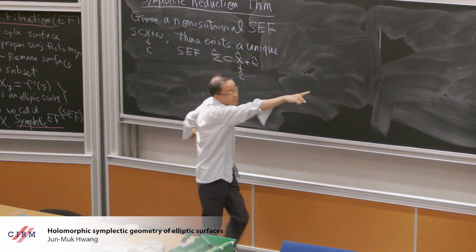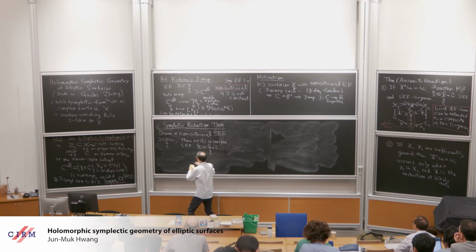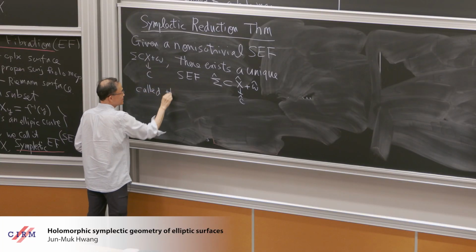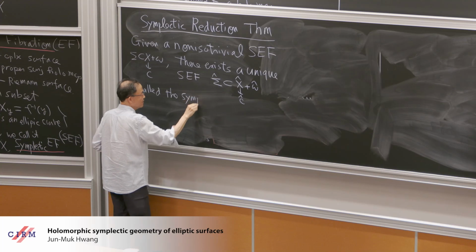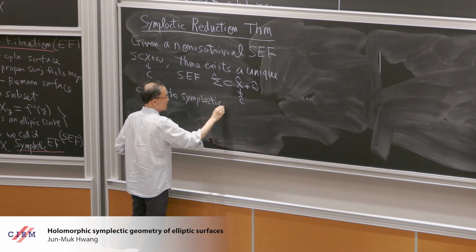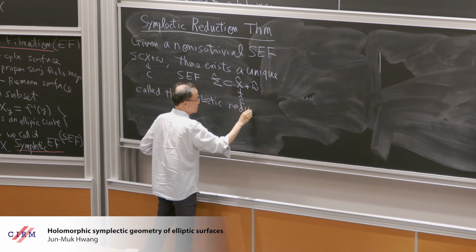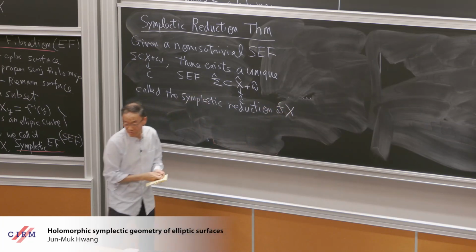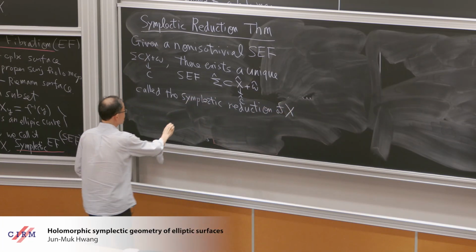That's the same symbol as this. So that's the guy. This is called the symplectic reduction of x. So here you are defining this concept, symplectic reduction.